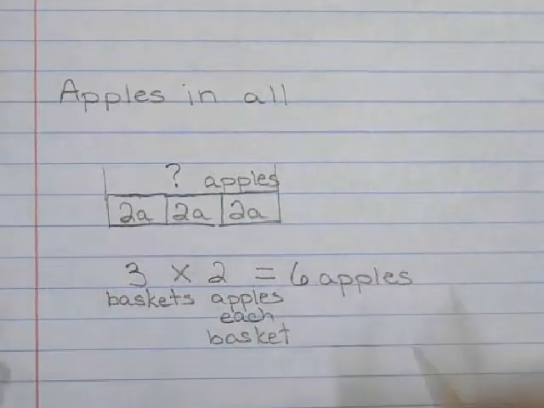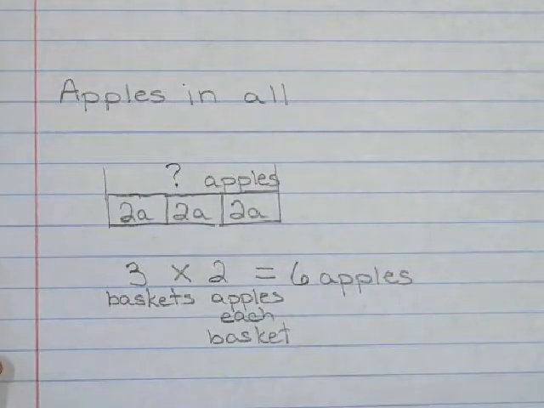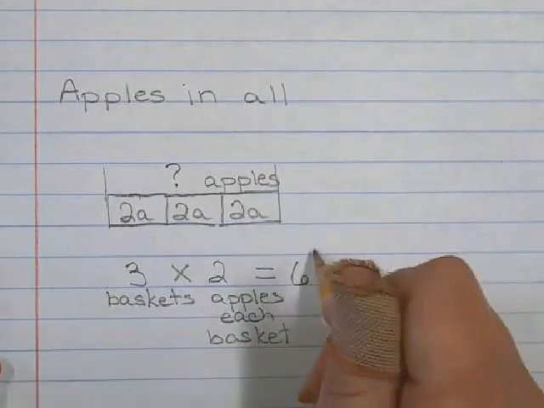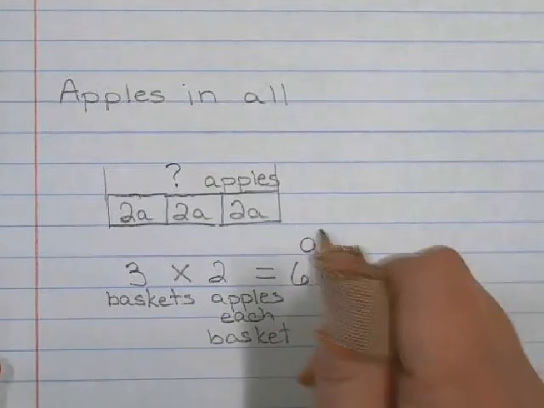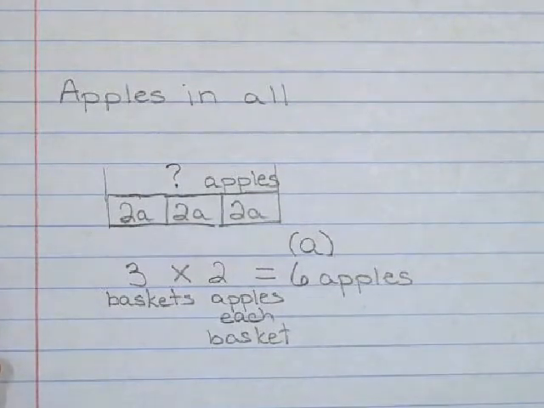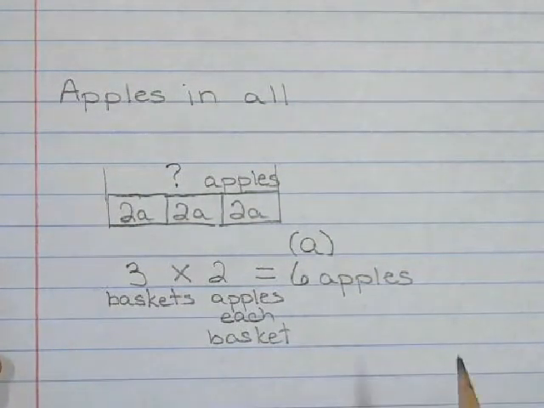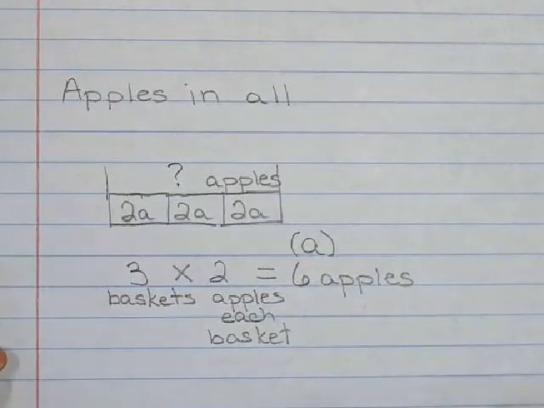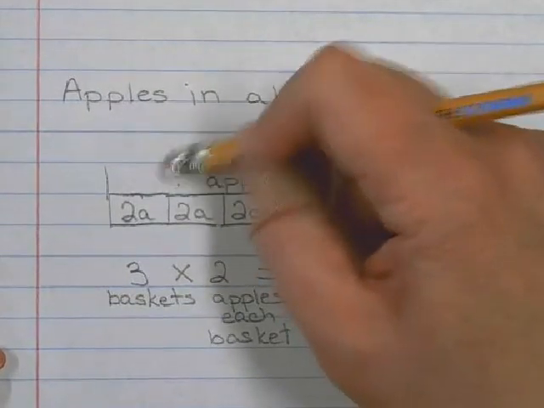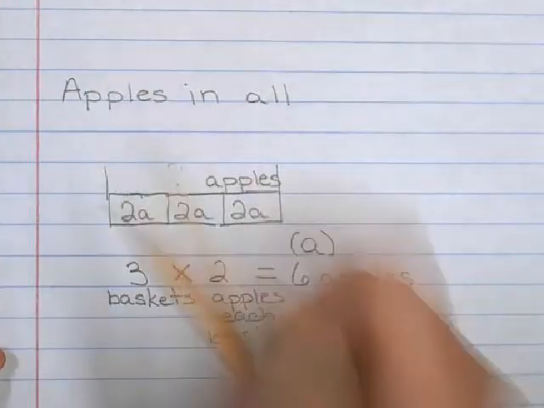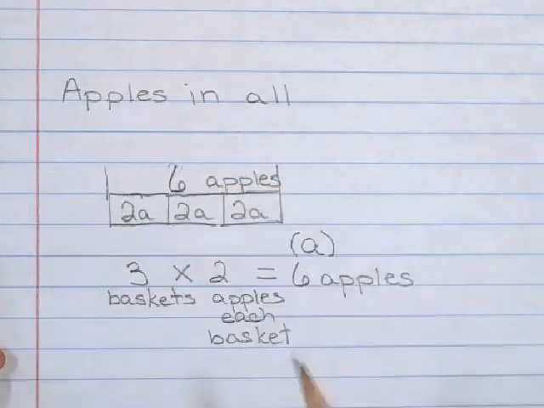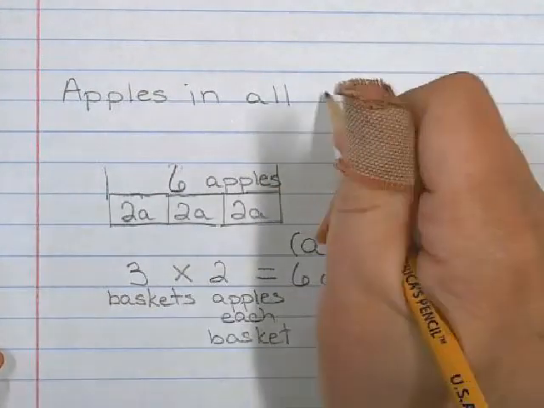So before we found our total, we could actually use a letter to say, okay, A is for apples. So we would say 3 times 2 equals A. And so now we can come up here and show that we have 6 apples total. And now we can say apples in all.